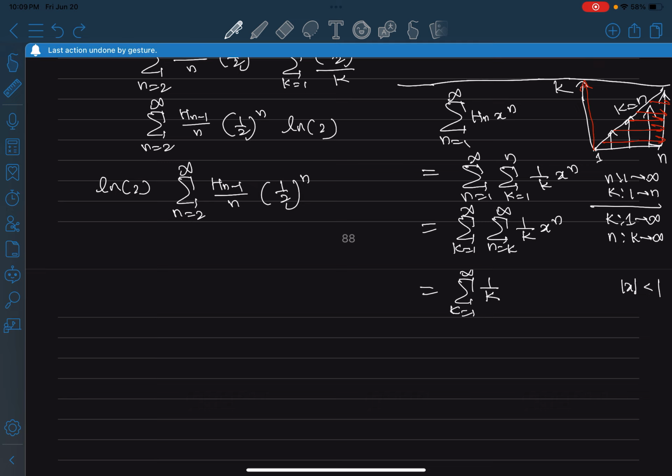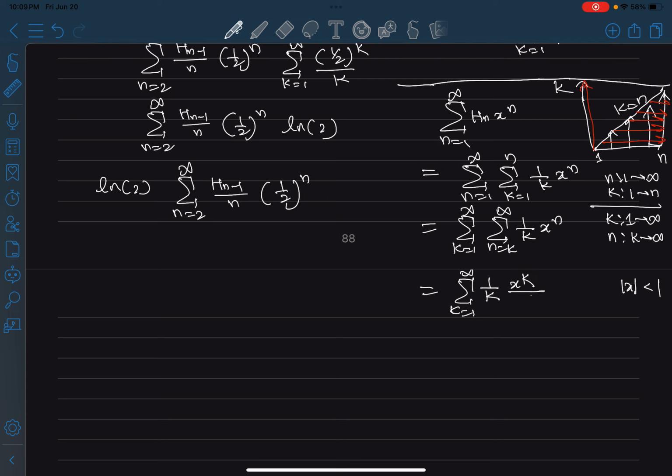So this becomes x to the power k times a by 1 minus r, since the sum is a by 1 minus r for an infinite series. Now I can take 1 by 1 minus x outside, and this becomes the sum from k equals 1 to infinity of x to the power k by k. And this one is just minus ln of 1 minus x, with 1 minus x from the outside.